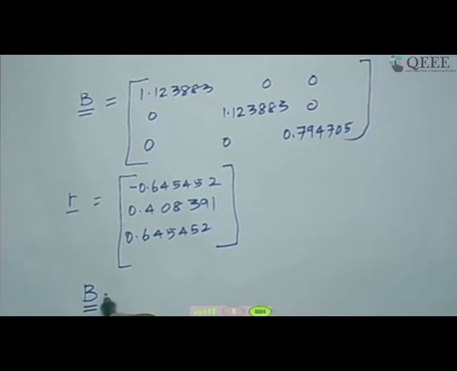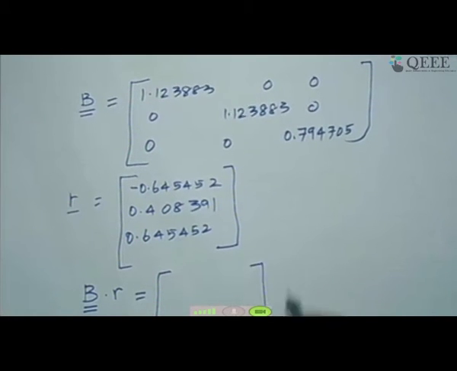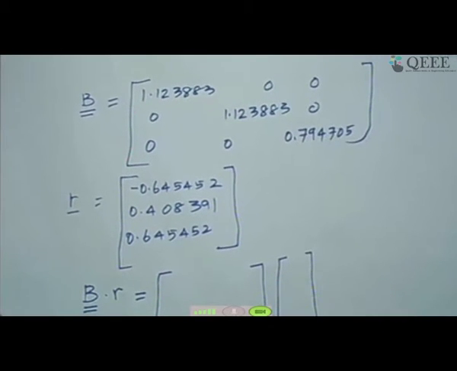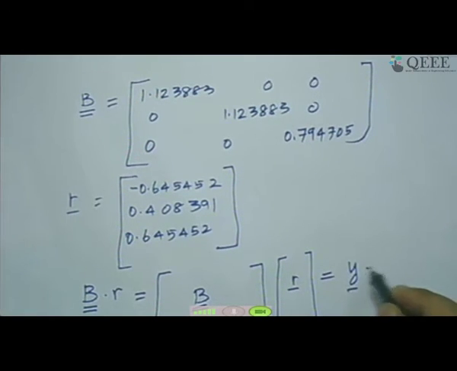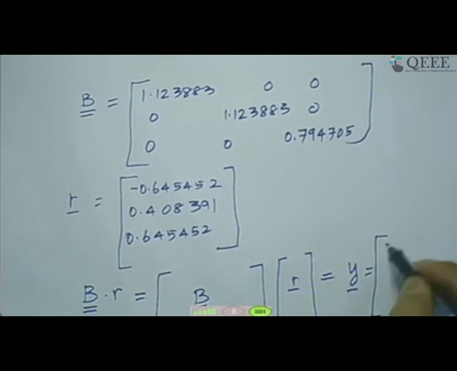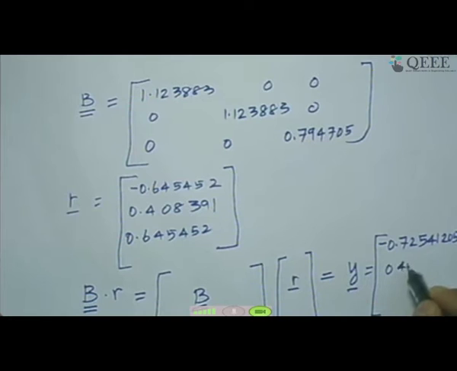B vector and multiply it by R. That is, I take the B vector and multiply with the R vector. And let me call that as the Y vector. That is what some of you have given, and that is minus 0.72541205 and 0.458983 and 0.512951.